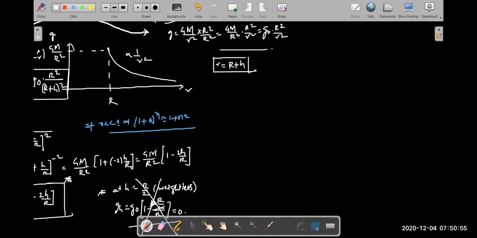If you simply plot the value of g as a function of h, at h equal to 0 its value will be g naught. As h tends to infinity, its value will become 0. So this is how g will change as a function of h. That means the constant part R is missing. Is that okay?